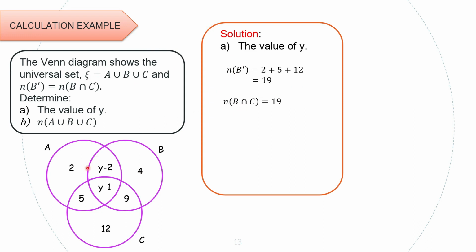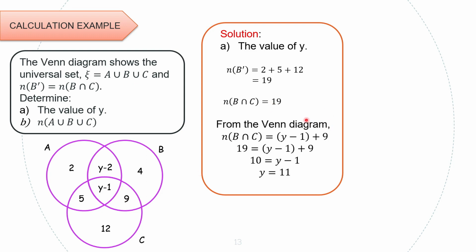Now we must look at the Venn diagram. From this Venn diagram, we know that B intersect C is this part, which is y minus 1 and 9. So from the Venn diagram, the number of elements in B intersect C is equal to y minus 1 plus 9.